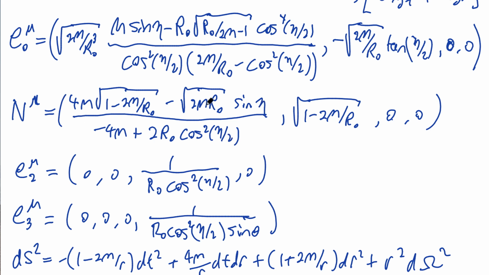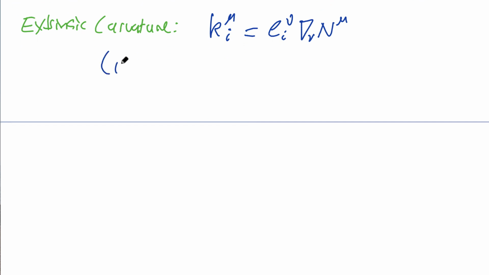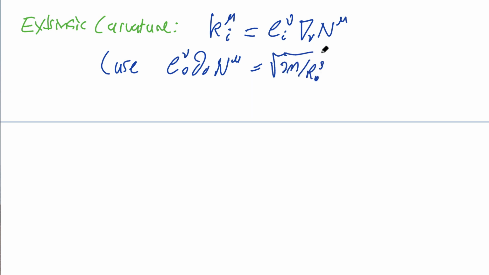So when you differentiate n along the E0 direction, you need to use E0^ν ∂_ν n^μ equals square root of 2m over r naught cubed times cosine to the minus 2 power of eta over 2 times d by d eta acting on the components n^μ. This is just the vector E0 written as a derivative operator that's proportional to d by d eta.